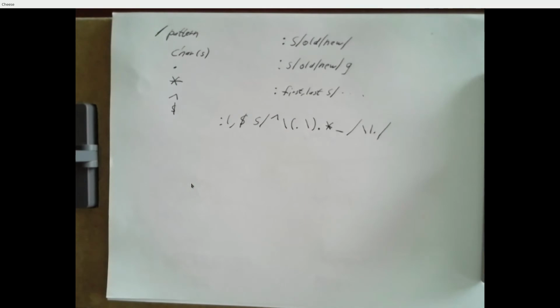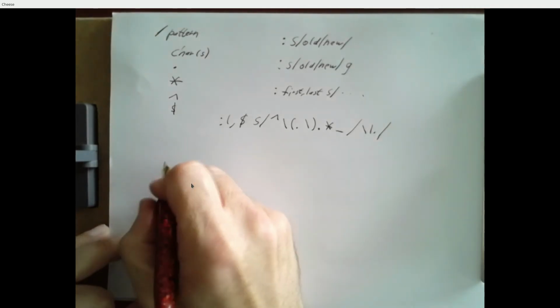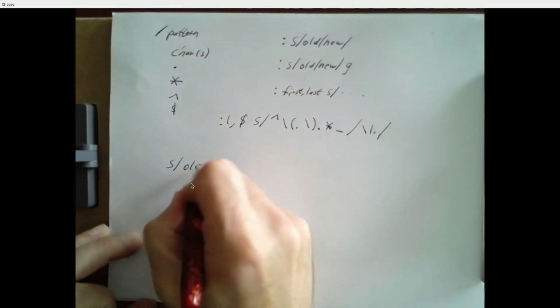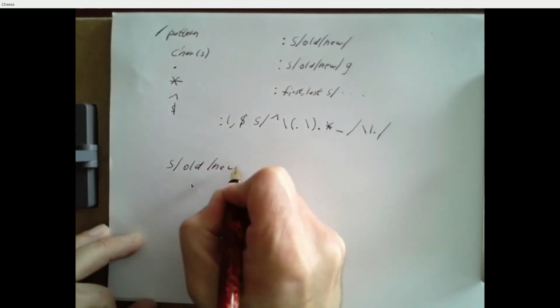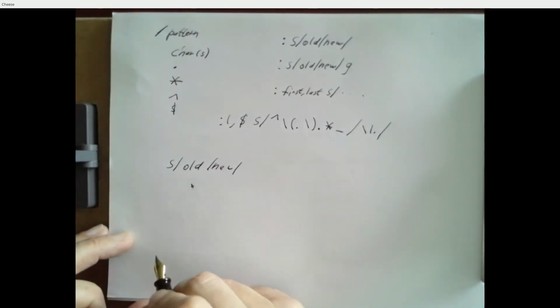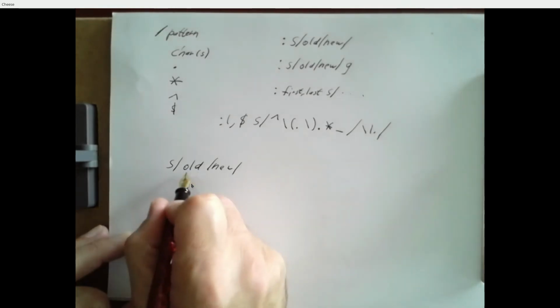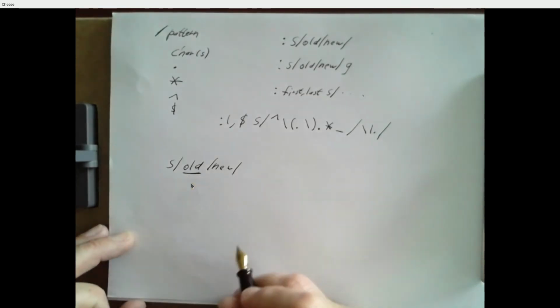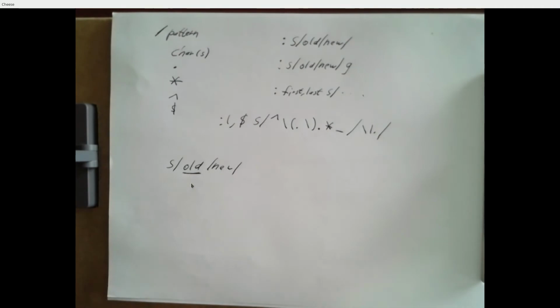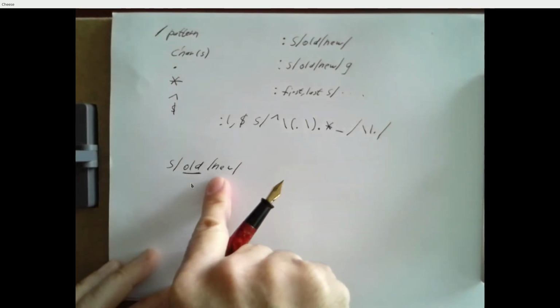So when we do a substitution, we can group certain things that we're searching for, certain things in this old pattern, and place them inside parentheses. Whatever matches that part of our expression is available to us to put into our new side.